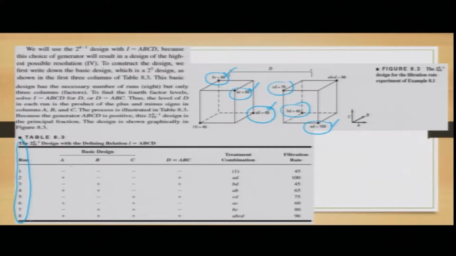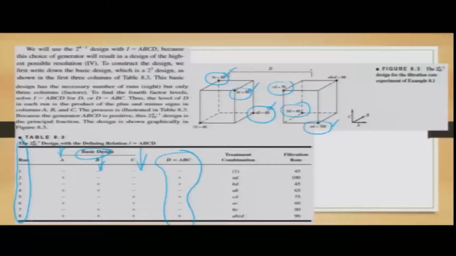So, you have the combination of basic designs, A being in the second column, B in the third column, C in the fourth column, and the designs are given in such a way that you have D, which now combines the combination of ABCD to the highest possible extent. The treatment values are given, which signify this.